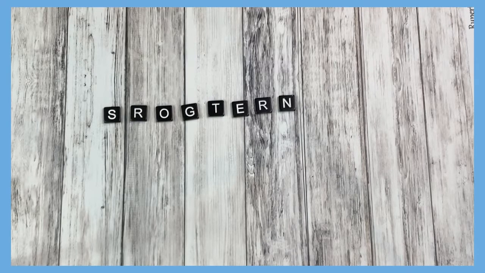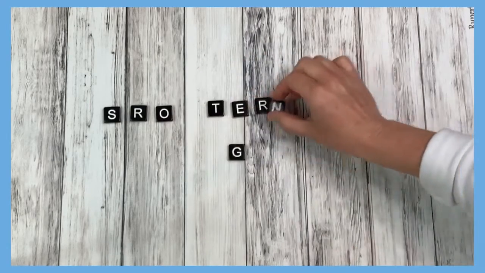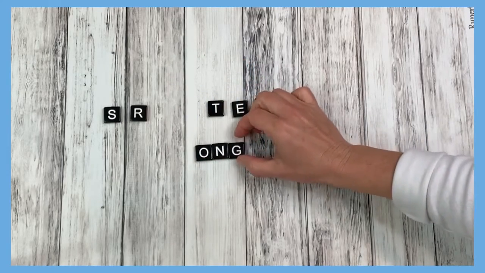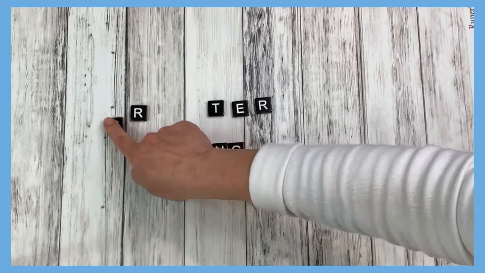I am going to give you a hint to get started. I am going to tell you the middle part. The middle part is ong. That's kind of a tricky chunk, but you see that in the word song. You see it in the word tong. We can even take a look at that.